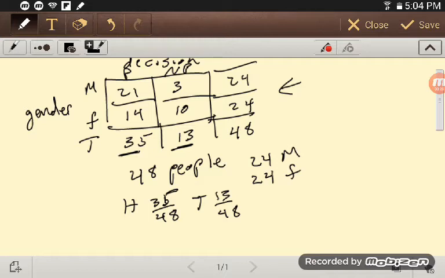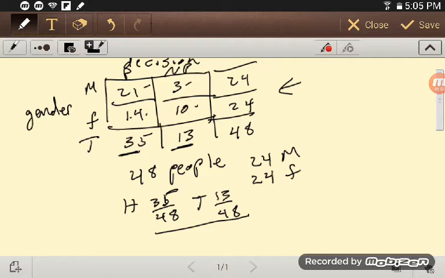Each time through this, with those 48 flips of this particular coin, we would count how many males had a promotion, how many didn't, how many females had a promotion, how many didn't, and we would fill in those 4 boxes, and we would do that a bunch of times, 1,000 times or 10,000 times or something like that.